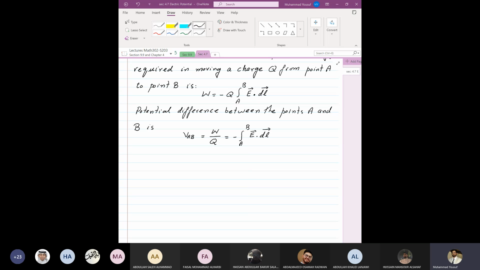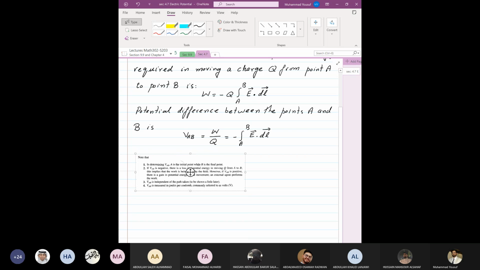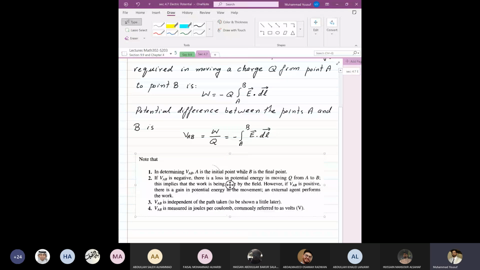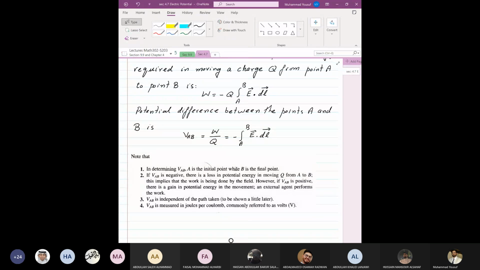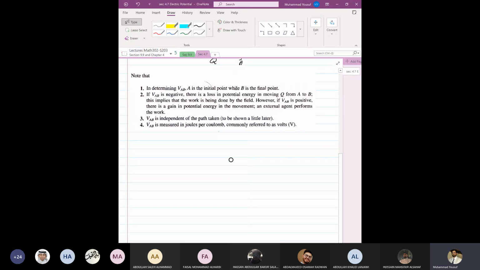So I think you electrical engineers are very much familiar with this one. With this note, VAB is measured in joules per coulomb, commonly referred to as volts.